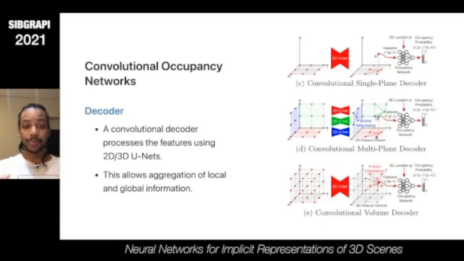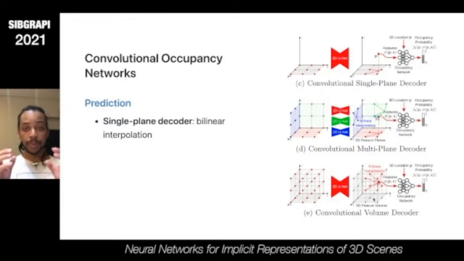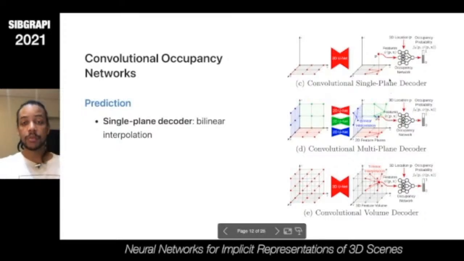But we want to make predictions of occupancy for arbitrary points in space. Now that we have this representation, we can take an arbitrary point P of the three-dimensional space and compute a feature vector for this point, given our input X. If we have a single plane, we project this point P onto this plane and compute the feature vector using bilinear interpolation.